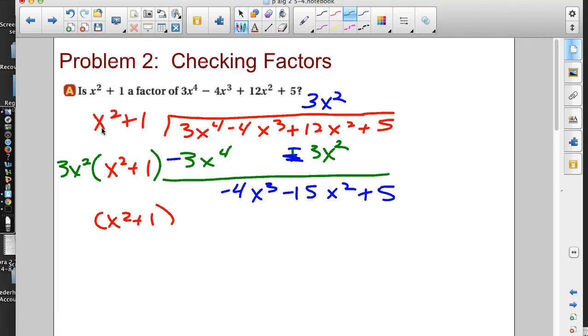What are we going to multiply by to get rid of that first term? Oh, I'm sorry. Positive. Put the wrong sign. There we go. What are we going to multiply the x squared plus 1 by? Negative 4 and an x. So negative 4x cubed does exactly what it's supposed to do in the front, but then things get kind of weird again.